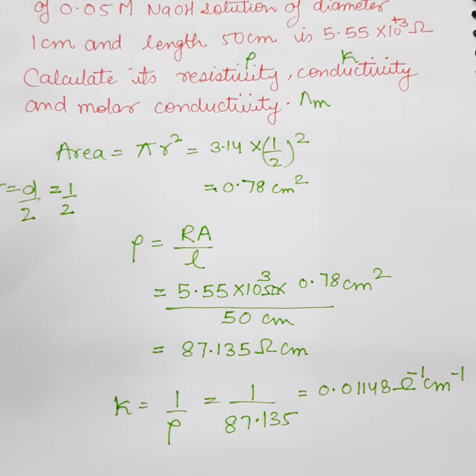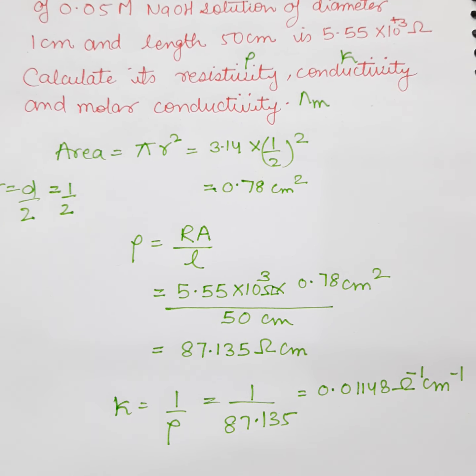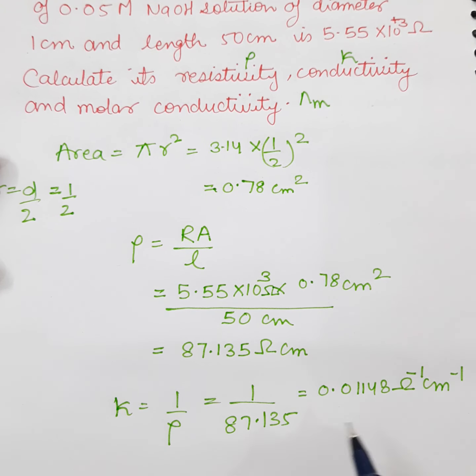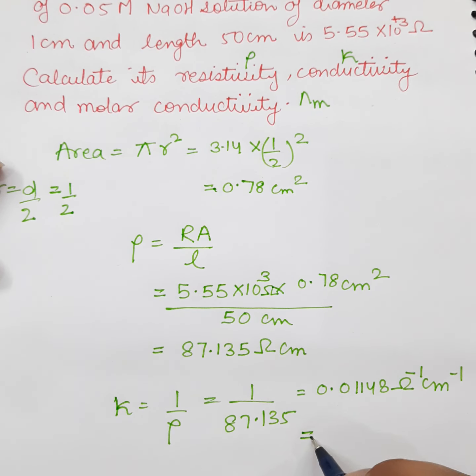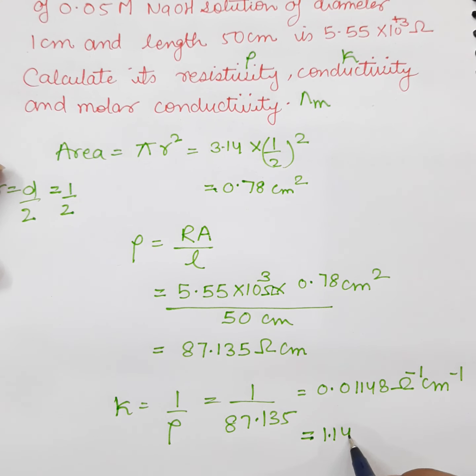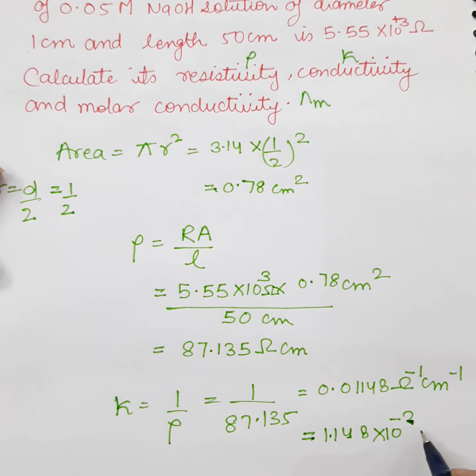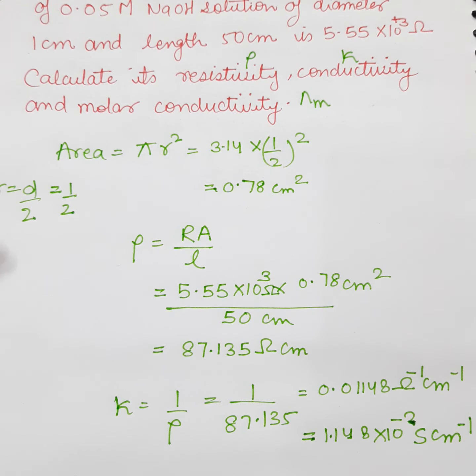The two things I've calculated, first is resistivity, another was conductivity. Now the third one is the molar conductivity. To make calculation easier, you can also write this as 1.148 into 10 raised to the power minus 2 ohm inverse centimeter inverse.